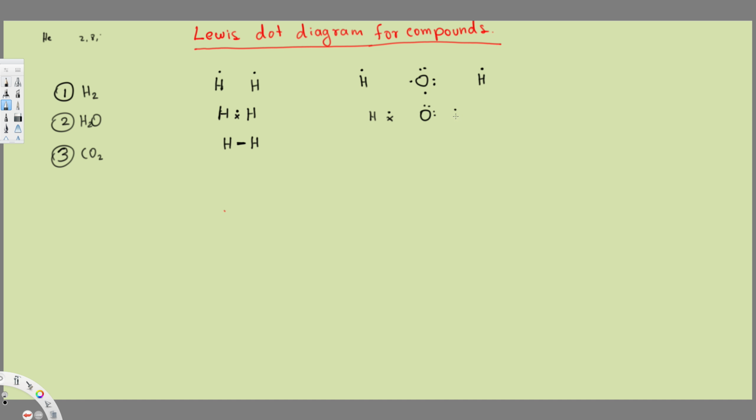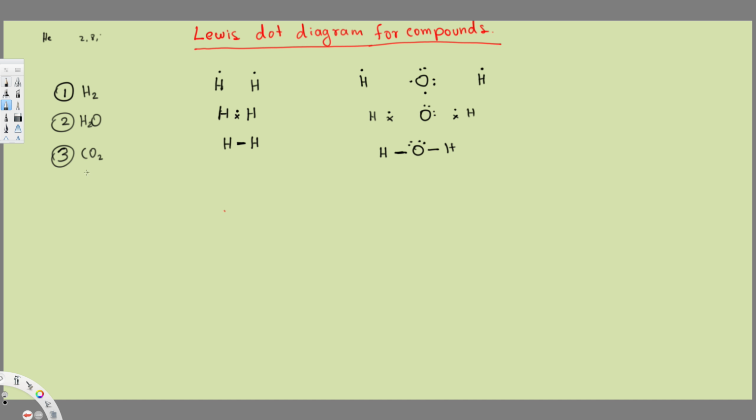So here another one, and the final Lewis diagram is going to be something like this: instead of the bond we put H, O, dash, H, and we are going to have 4 electrons right here. And this is the Lewis diagram for H2O.